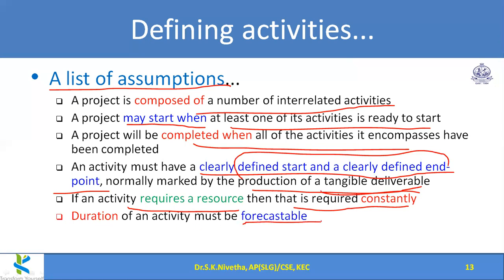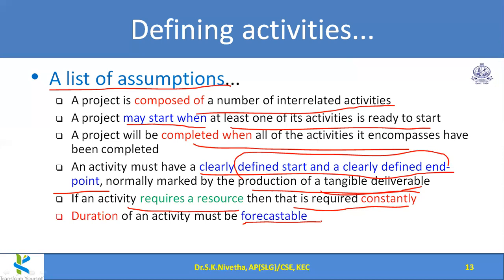We have to predict how much time it requires. In that way we can define it for any activity. If the duration is unpredictable, we couldn't call it an activity. We have to further split it up. Then only we can predict a rough estimation for that activity.